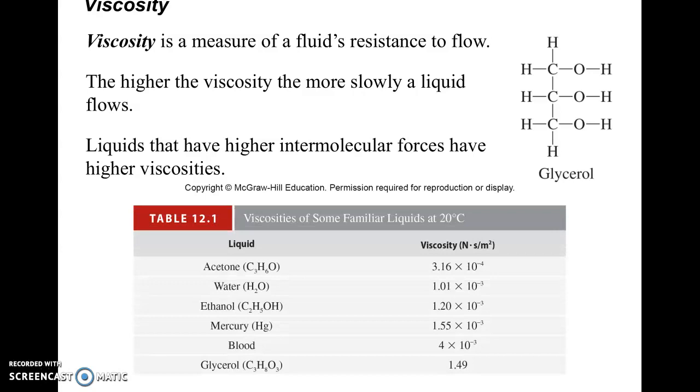And here's an example of some other viscosities and their measurements. Acetone and water are both very thin, with very low viscosities, whereas glycerol has a very high viscosity, over 1,000 times greater.